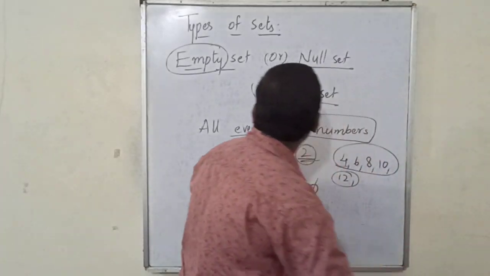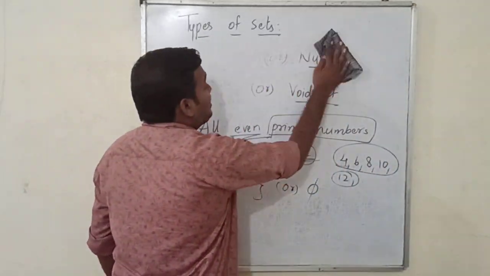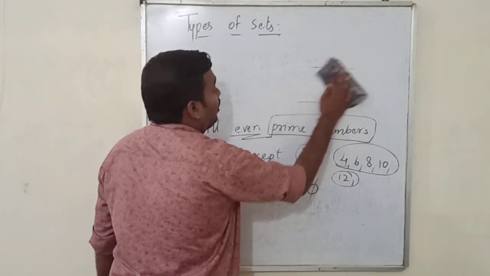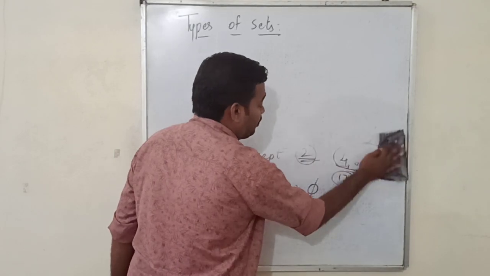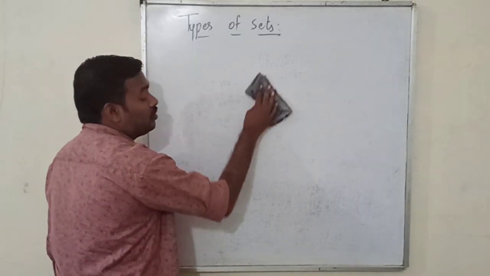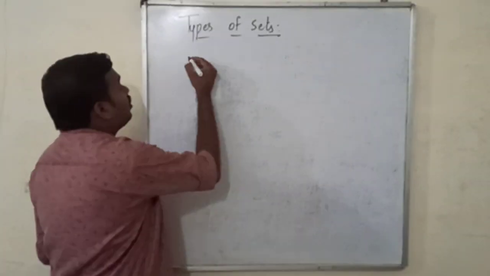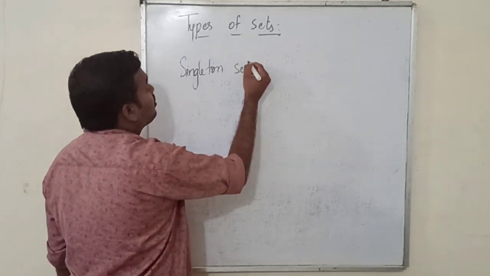Next type of set is singleton set. Single means one. The set which has only one element is known as singleton set.